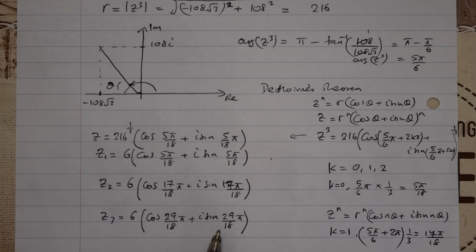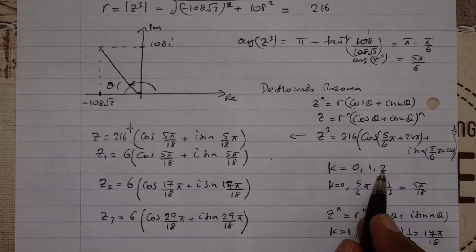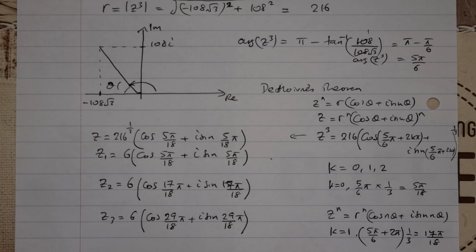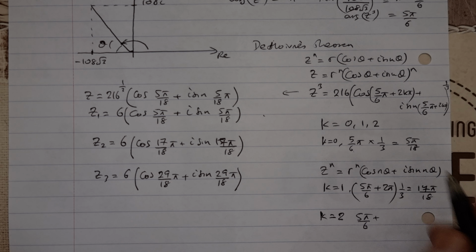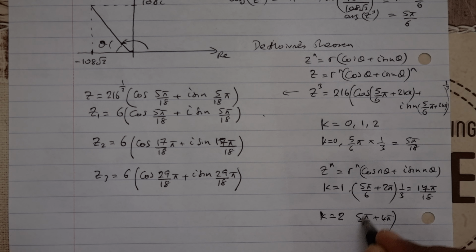And of course, if you're in doubt, you can check it by putting k equal to 2. When k is equal to 2, I get 5 pi over 6 plus 2 times 2, so plus 4 pi, then all of that gets multiplied by 1/3. 4 pi is 24 over 6, 24 plus 5 is 29, so we get 29 pi over 3 times 6, 18.